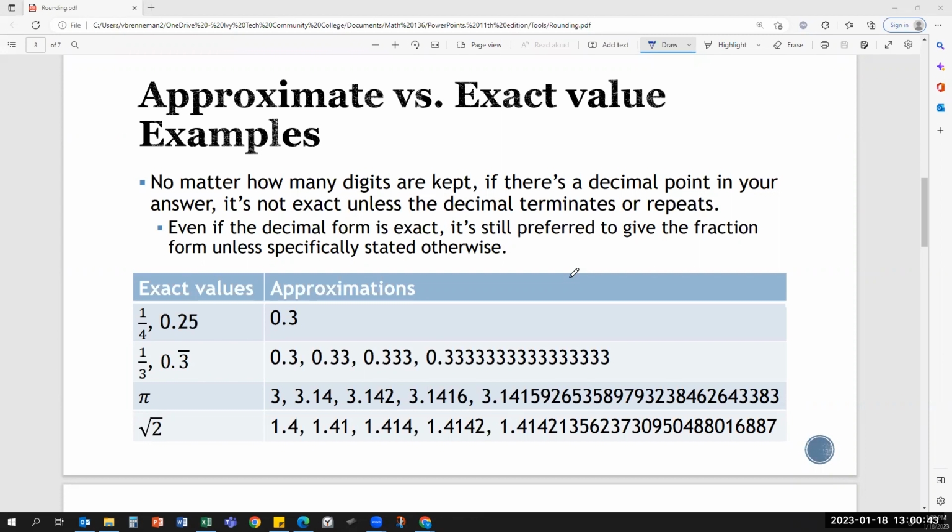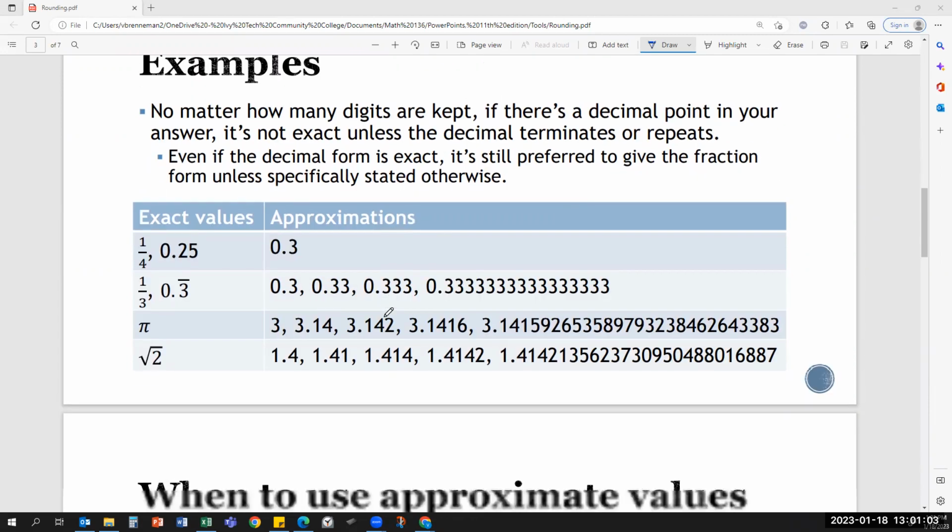But again, no matter how many digits you write, it's still an approximation. Likewise, square root of 2, that's the only way to write that as an exact value. As soon as there's a decimal involved, it's an approximation, whether that's any number of digits included.